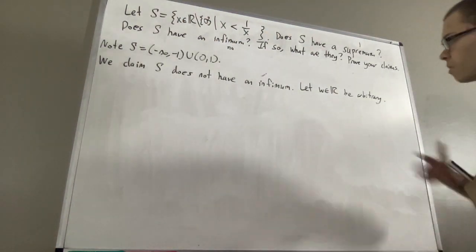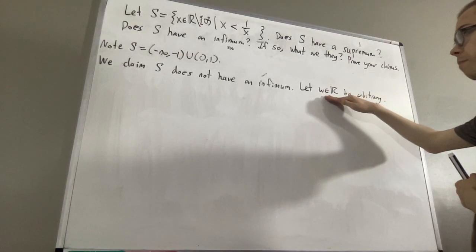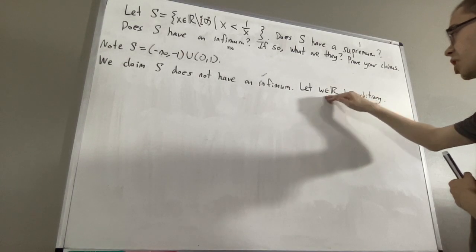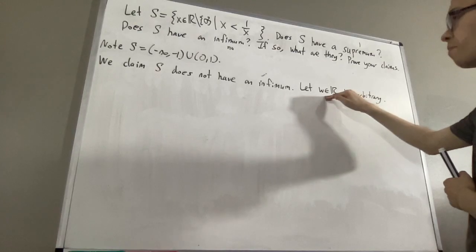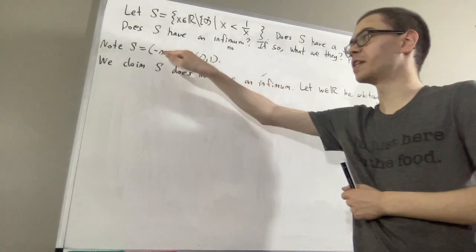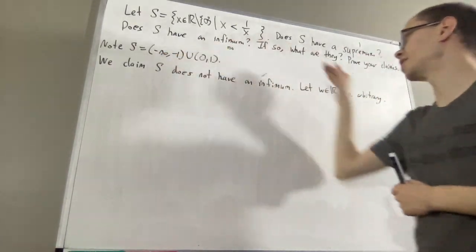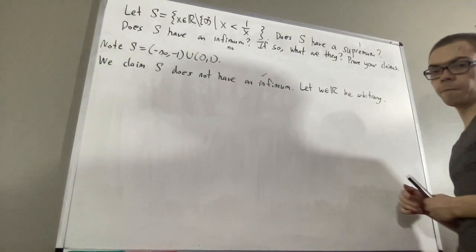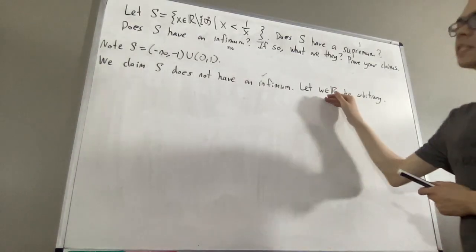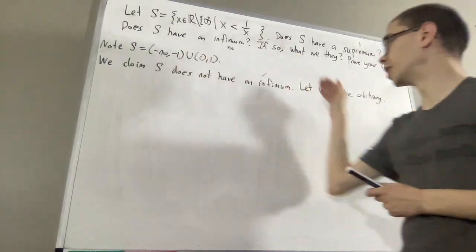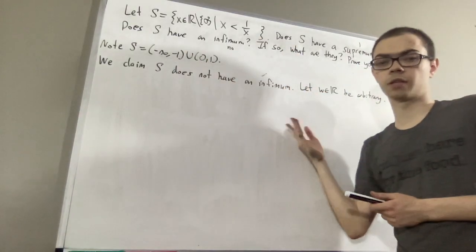So, since W is a real number, well, we essentially just have to pick some element in (negative infinity, negative 1) that is less than W. Now, if W was less than negative 1, then W minus 1 would work.